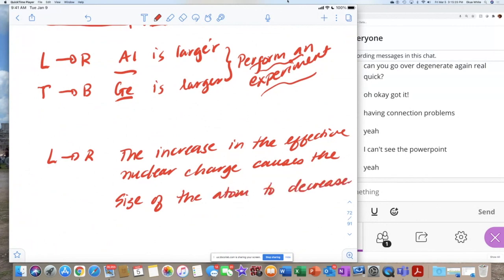Remember, the effective nuclear charge is what I call the sucking power of the atom, where the core is pulling in the outer electron. So as that gets bigger, the size gets smaller.